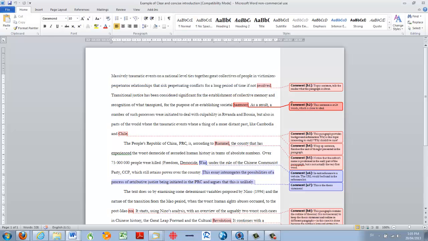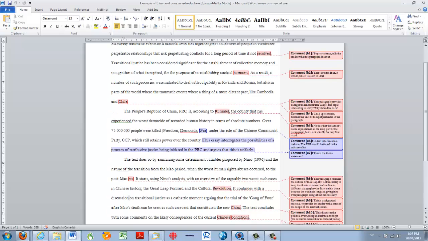Here is a short note on how long a sentence in a paragraph in an academic paper should be. And here you can see my note here. This paragraph provides background information. Why is this topic interesting to study? Why should we care? And this is exactly the functionality of this initial lead in, if you will.